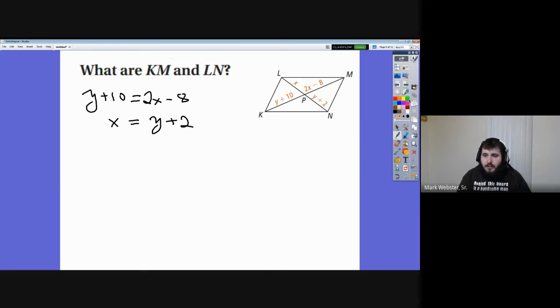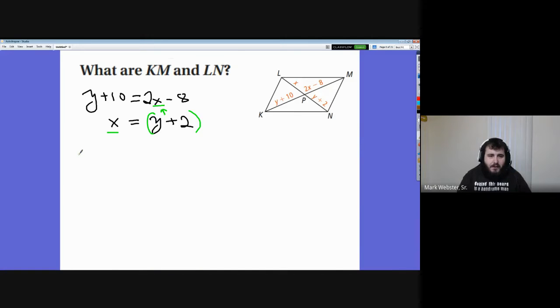So I'm going to go through and I'm going to say, all right, well, I already know that x is the same thing as just saying y plus 2. So anywhere I see an x, I'm going to replace it with y plus 2. So let's take this first equation and rewrite it. y plus 10 equals 2 times x.